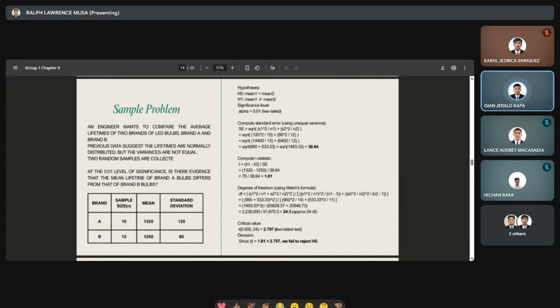Since the t-statistic we found earlier, 1.81, is smaller than our critical value, our decision is to not reject the null hypothesis. So the conclusion: there is no evidence that the mean lifetime of brand A bulbs differs from that of brand B bulbs. Next slide, please.